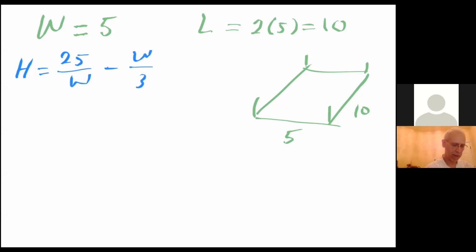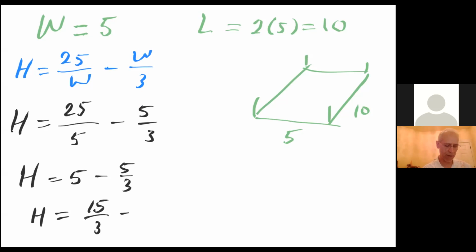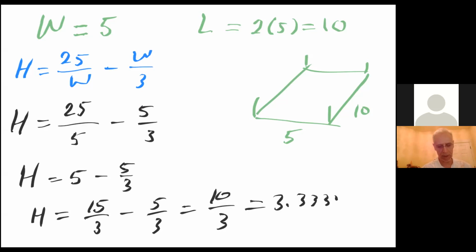So h equals 25 divided by 5 minus 5 over 3. So h equals 5 minus 5 thirds, which is the same as 15 over 3 minus 5 over 3, that's 10 over 3. If I break that to decimal, I get 3.3333 going forward.